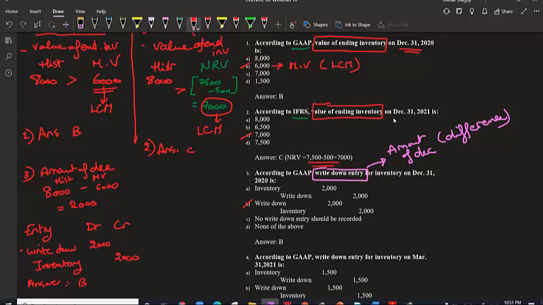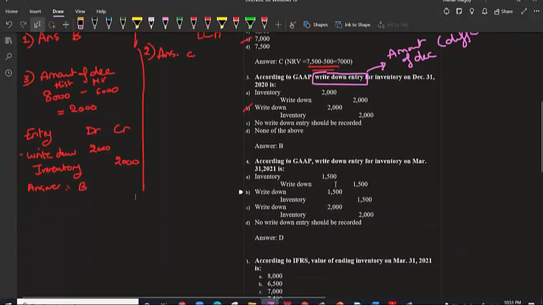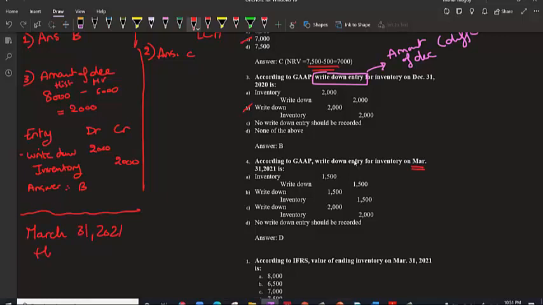According to GAAP, he had jumped to March. If we're going to follow March 31, 2021, we're going to compare between historical cost and market value.